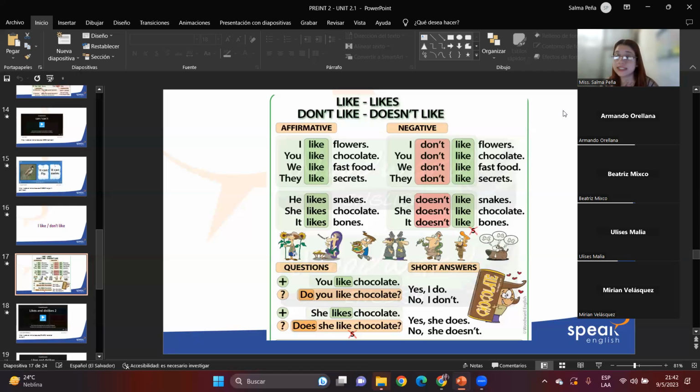To say affirmatives, I like flowers. And don't forget that if you talk about the third person, we have to add letter S at the end of the verbs. She likes, he likes, it likes. Or he doesn't, do and does, ¿verdad? Is the change that we have. Do when you talk about I, you, we, they, and does when you talk about the third person. Then that would be she, he, and it.